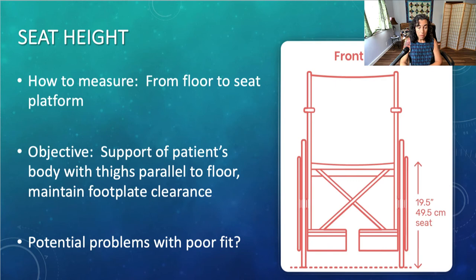Potential problems include if it's too low, poor weight distribution, and the weight is shifted to the buttocks. And if it's too high, we may have environmental difficulties, including knees being obstructed under desks or tables, and difficulty in propelling the chair.